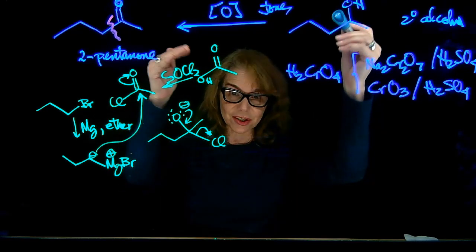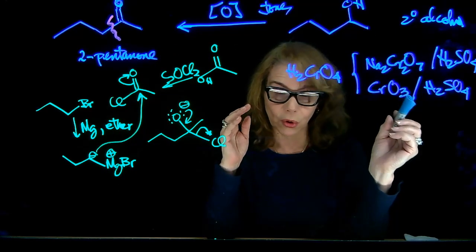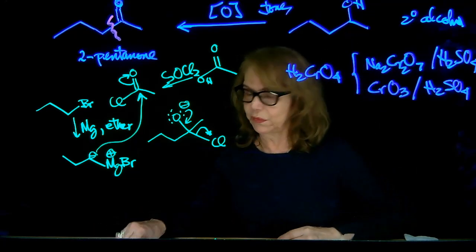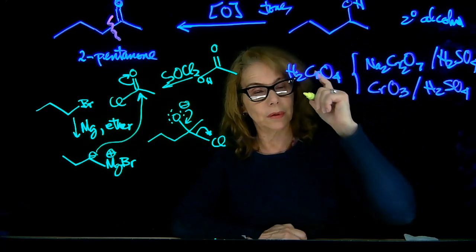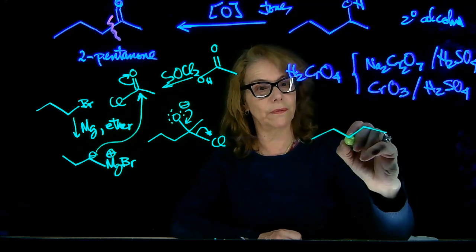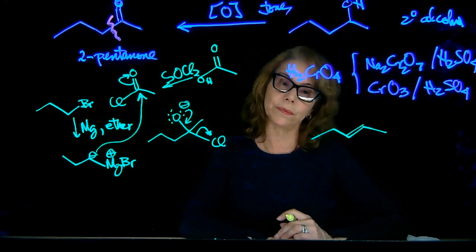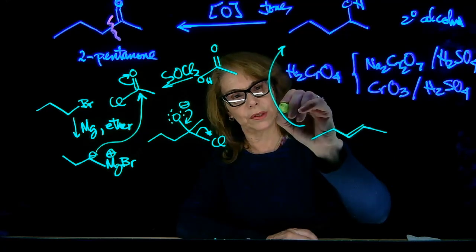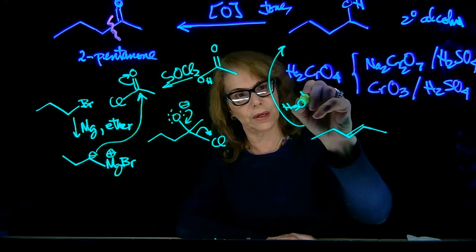I'm going to keep disconnecting this since I need to go and find the smaller molecules. So I can think of the alcohol coming from the hydration of an alkene. So it's this one. So now from here to here, I will need to do a hydration reaction.